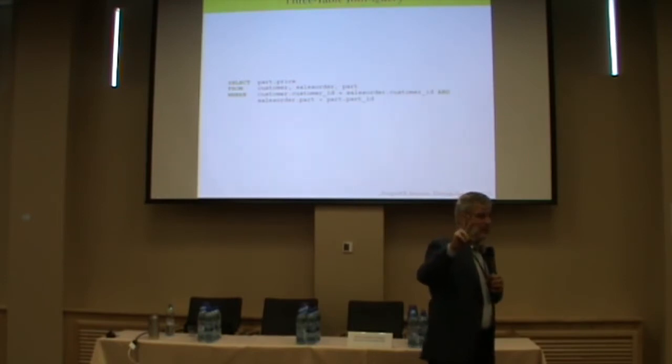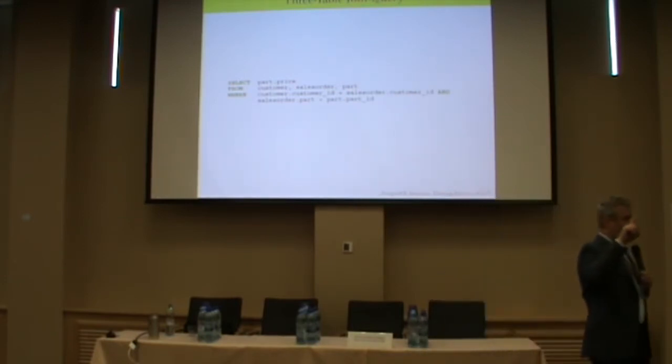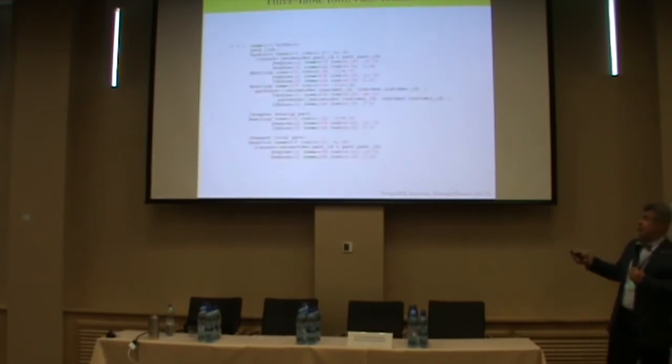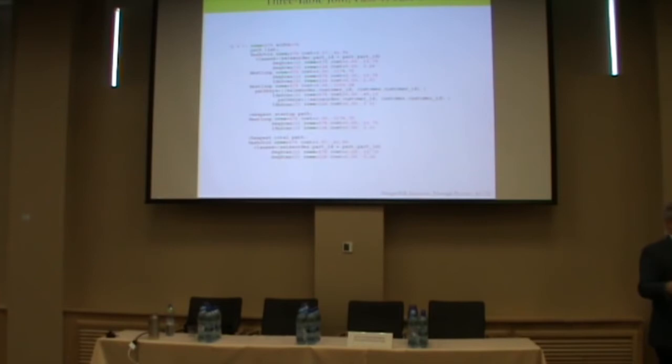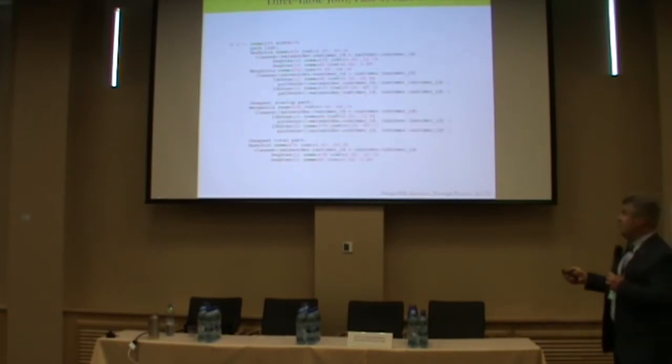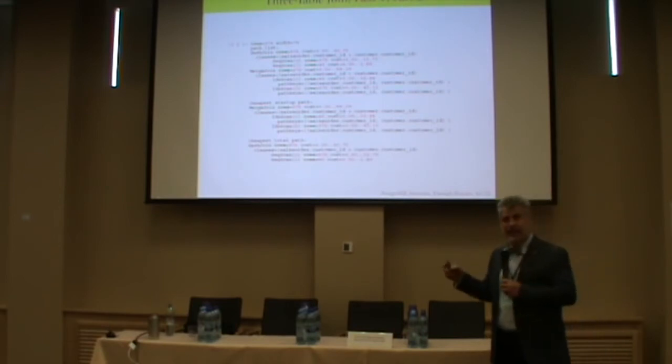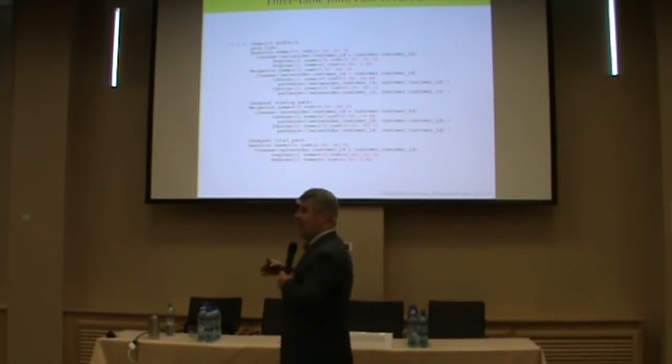Kind of think about it, right? So if table 1 joins to table 2, and table 2 joins to table 3, I really have 2 options. I can join table 2 to table 3, or I can join table 1 to table 2. Those are really my only options. And again, you can start to see how the pruning works.